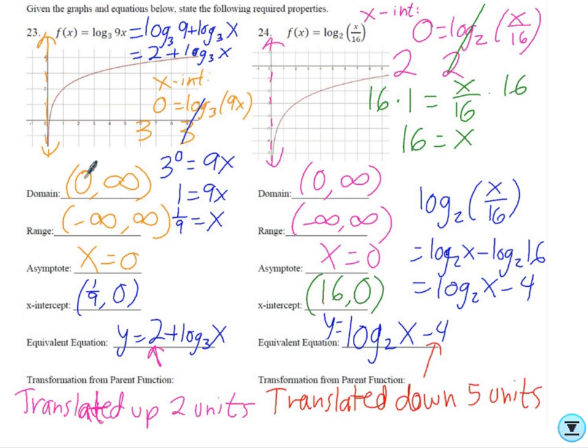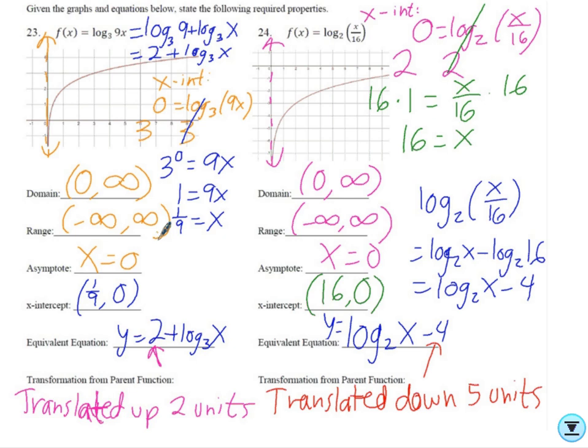Notice how we have parentheses because we should not be touching the asymptote, so that 0 is not included. So that's why that is a parentheses. Then for the range, regardless of what type, what asymptote we have, it doesn't matter. If you have a logarithmic function, you have a range of all real numbers, negative infinity to infinity.